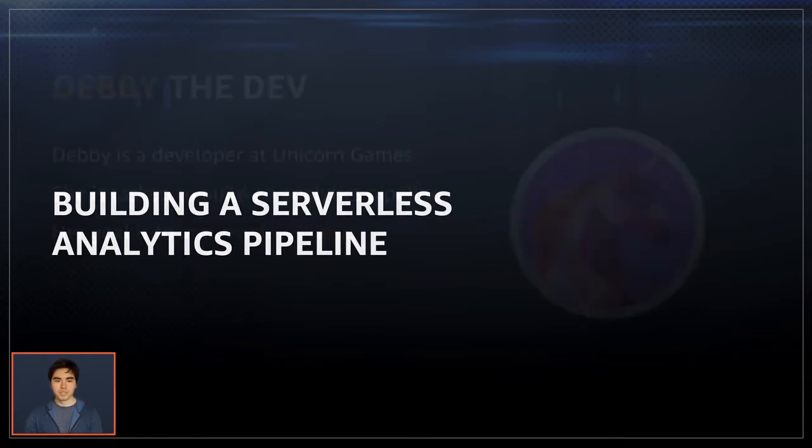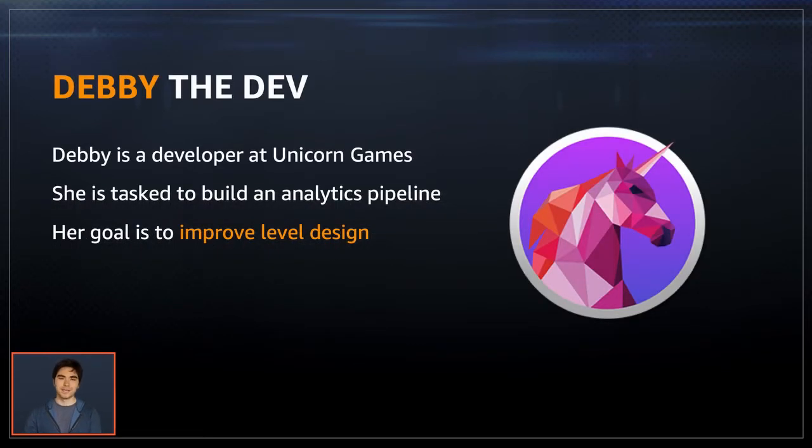So in this story, we're going to follow the tale of previously mentioned and shown Debbie the Dev. Now, Debbie is a developer at Unicorn Games, and they're currently building flying robot unicorns in space. It's going to be a really popular game, but they want to make sure that they have an analytics pipeline to support it.